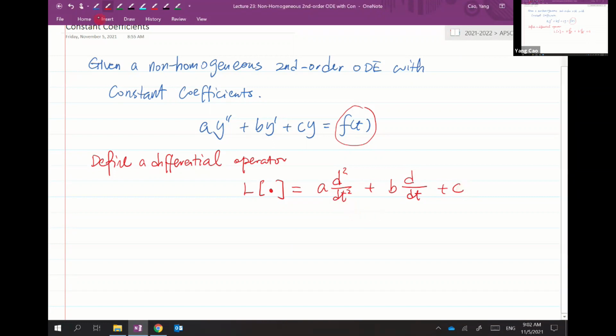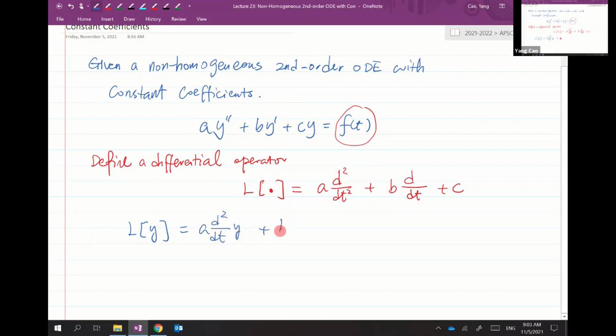This might look a little strange to you, but it's just an extended form of an operator like d over dt, which is a derivative. So if I write Ly, you put a y inside the bracket, and you get exactly the left side of the expression.